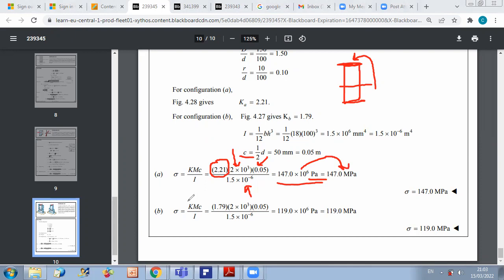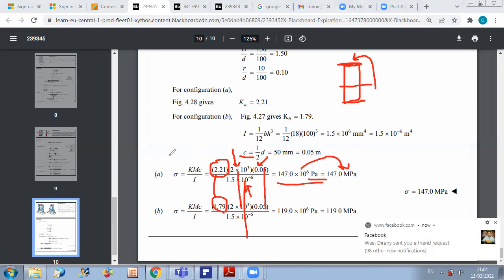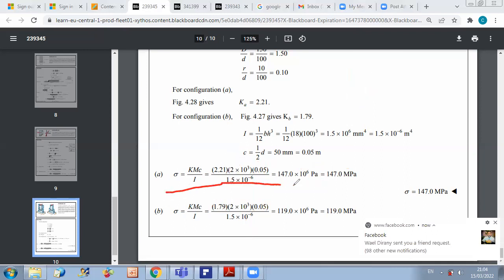And now the maximum stress for section B will be different. The only difference is in the stress concentration factor, because I'm applying the same bending moment. I have the same cross section, so same C, same I. So the only factor is the stress concentration. Since, as we discussed, geometry A is more critical, you have more stress concentration and you have larger maximum stress compared to section B. So here the most critical section is section A, and it's subjected to a maximum stress of 147 megapascal.